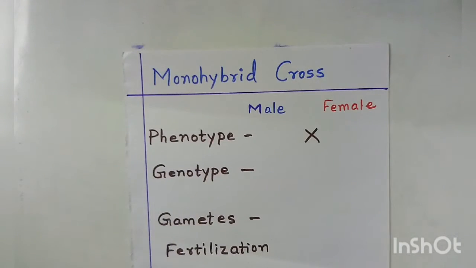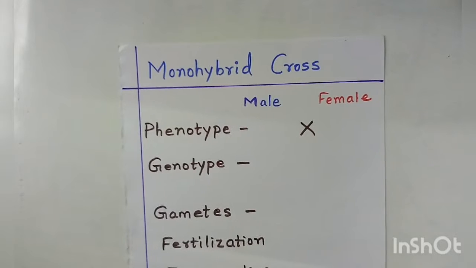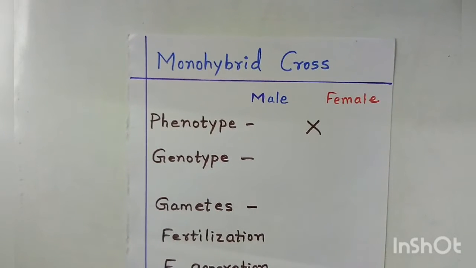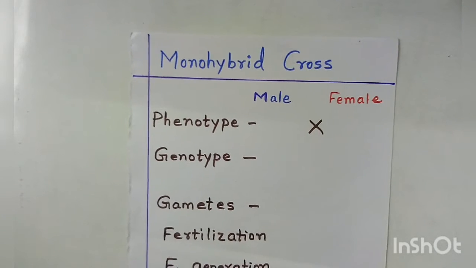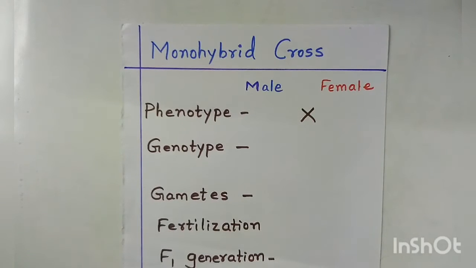So this is monohybrid cross, and the example that we have chosen for it is color of seed. In pea plant, the color of seed is one of the characters that was studied by Mendel, and this character has 2 traits, that is yellow color and green color.